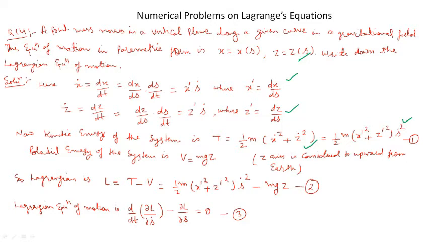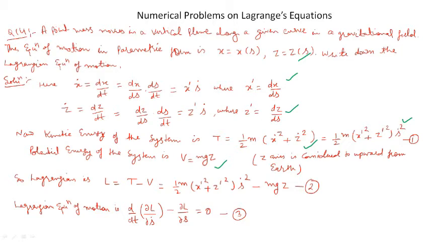Now the potential energy of the system will be equal to mgz, and here the particle is considered above the surface of the earth, so it will be taken as positive.